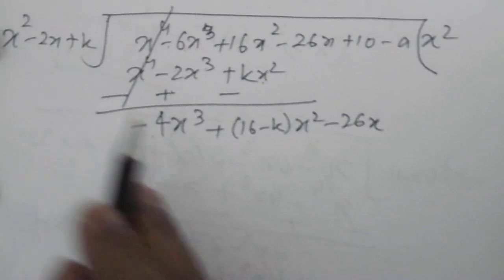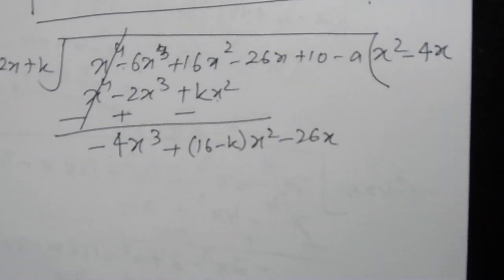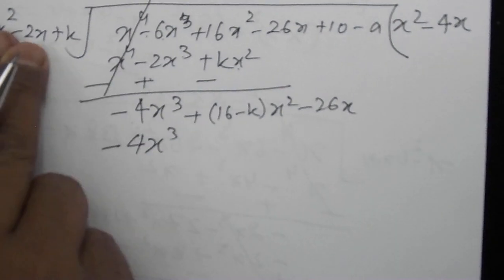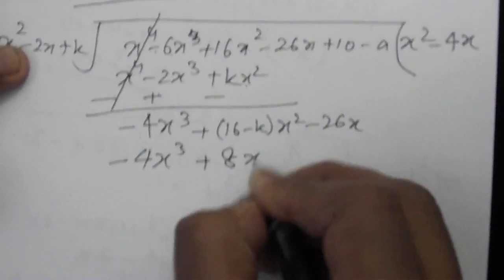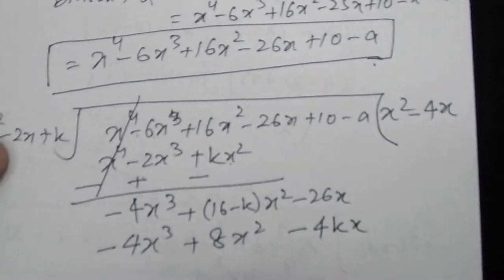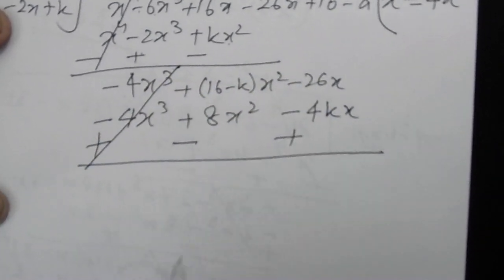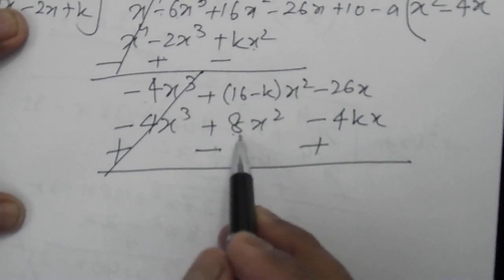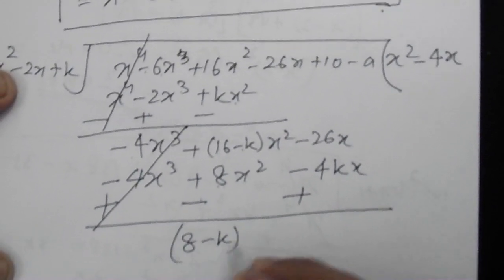Now this is x square, this is minus 4x cube, so we multiply with minus 4x. So this becomes minus 4x cube. Minus 2x into minus 4x gives us plus 8x square minus 4kx. Change the signs, this gets cancelled. Now when you are subtracting, 16 minus 8 gives you 8 and minus k remains as it is.